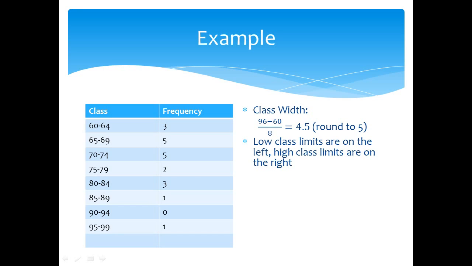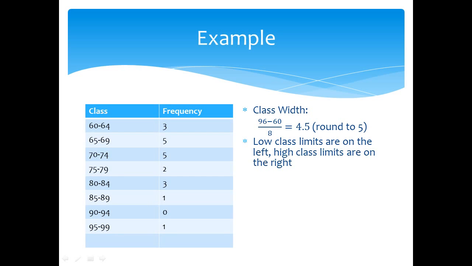Your class limits might be different depending on the number of scores that you chose. The big thing you want to think about here is that you do not want your scores to come out exact, because then you're going to have problems containing all of the data.